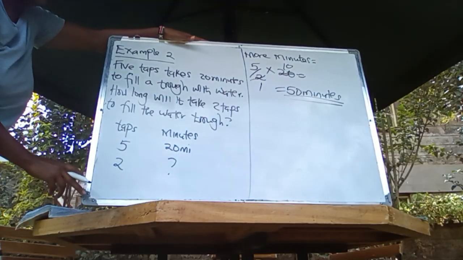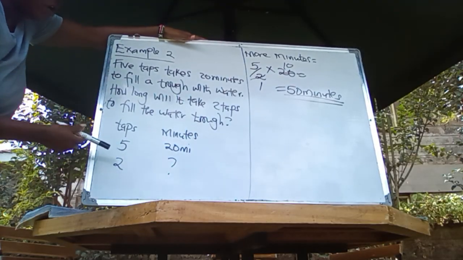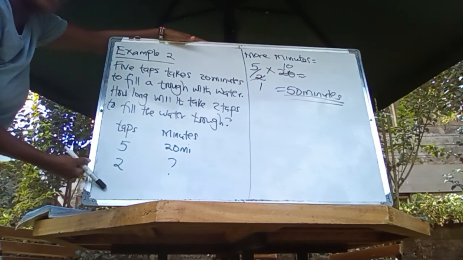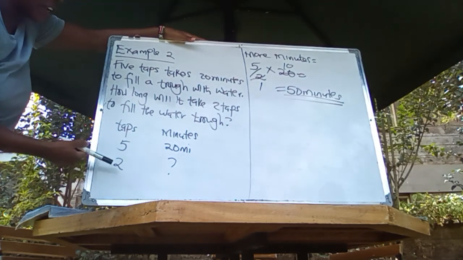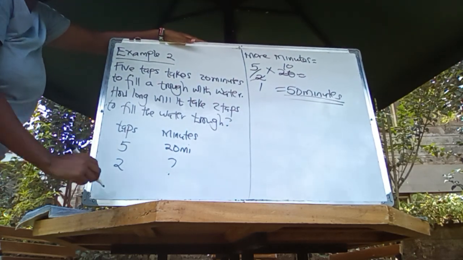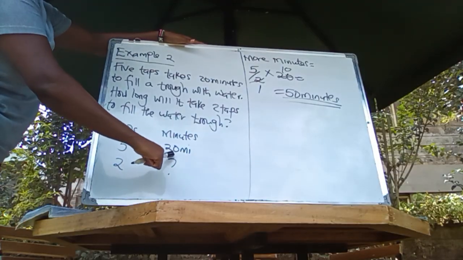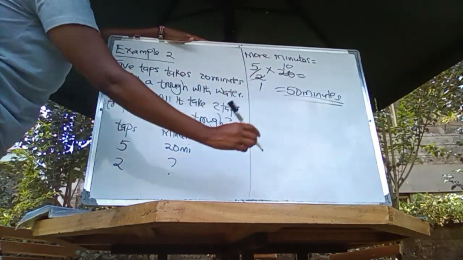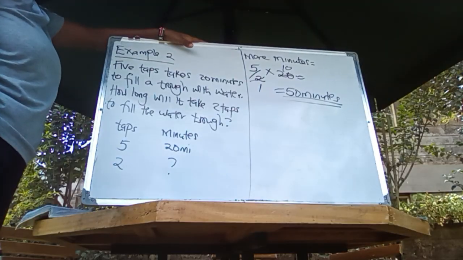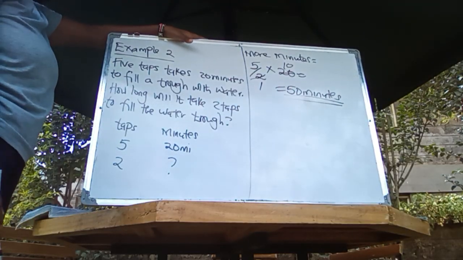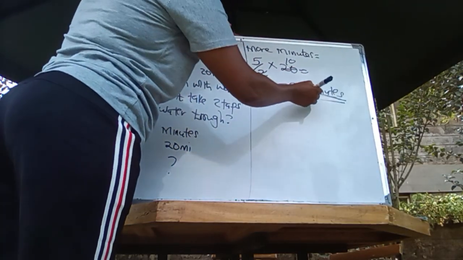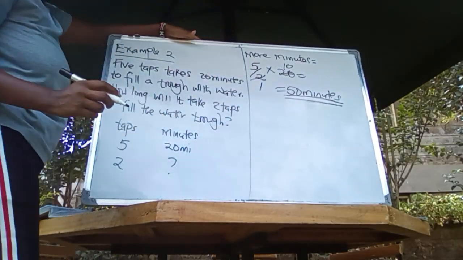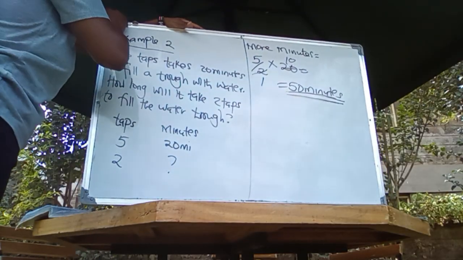If they are going to take more, you take the bigger over the smaller. If they are going to take less, you take the less over the big. And then the one which you are looking for comes automatically, times. Tuko pamoja? And our answer becomes 50 minutes. And we have another example?